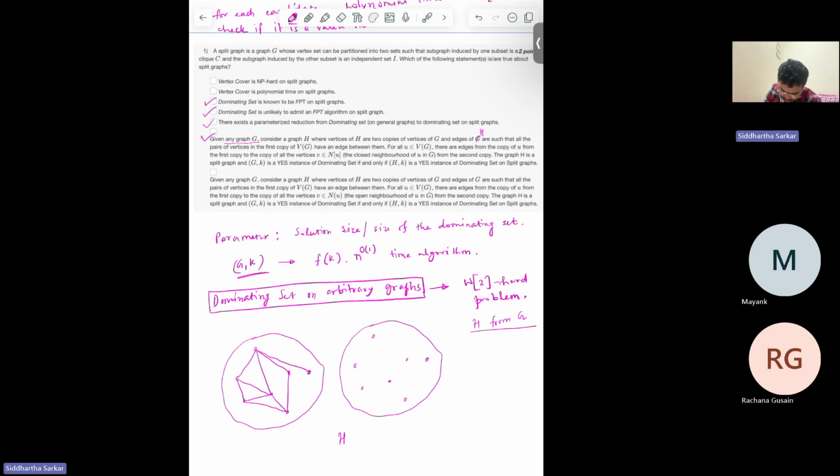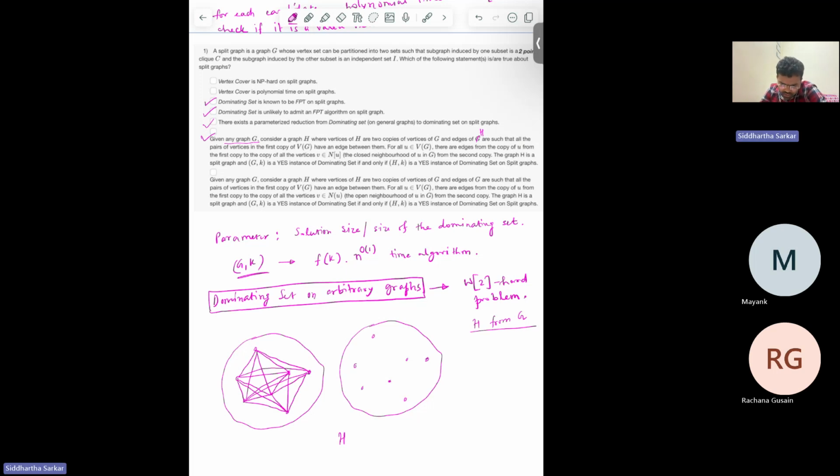So you made two copies. In the first copy, you construct a clique. I may not have drawn all the edges, but let us believe that you have to draw all the edges so that on the left side you have a clique.